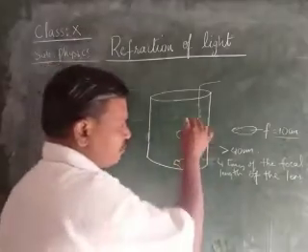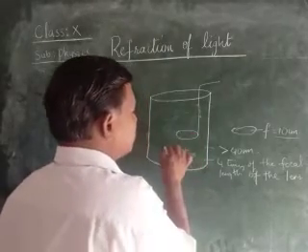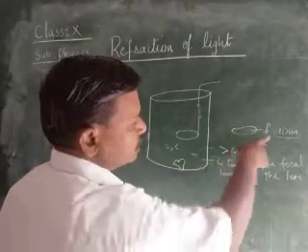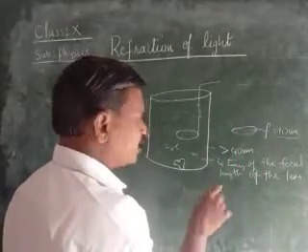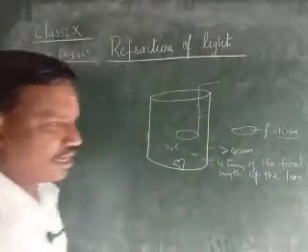When the distance from the stone to the lens is equal to or less than the focal length of the lens, that means equal to or less than 10 centimeter, understood, children?